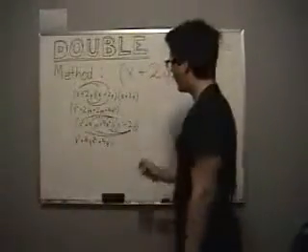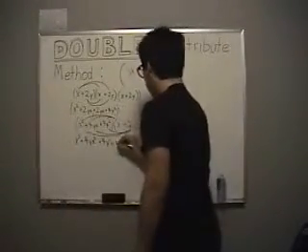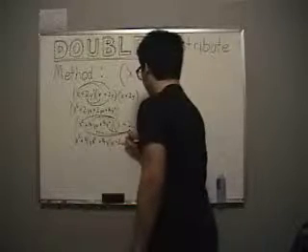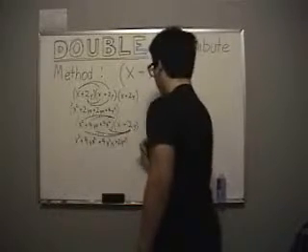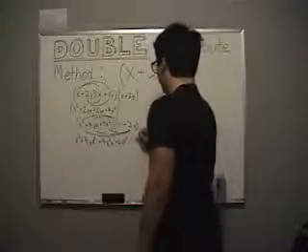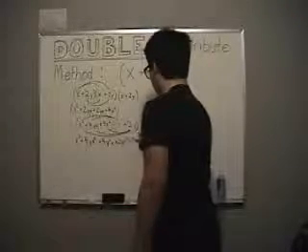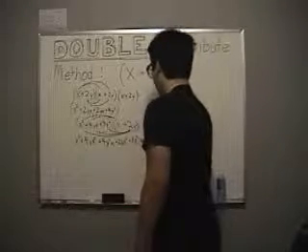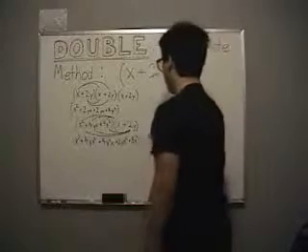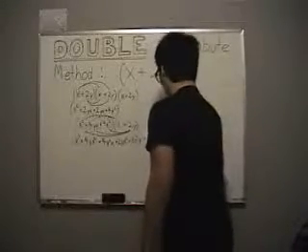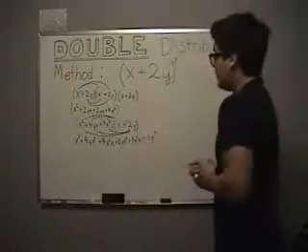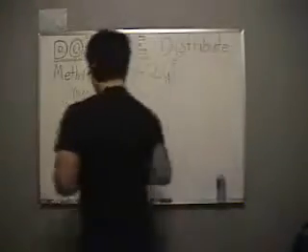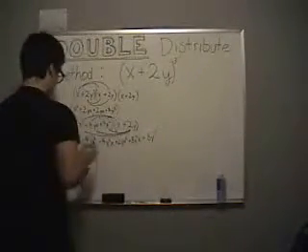After that, you have to identify your like terms. The like terms would be 4yx squared and 2yx squared, and 4xy squared and 8xy squared.